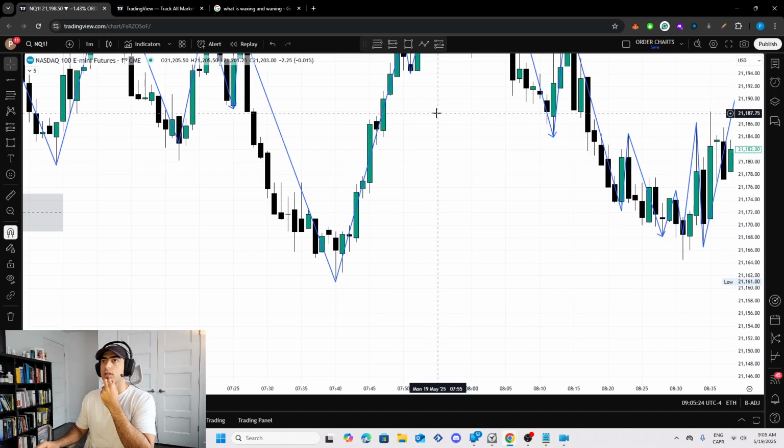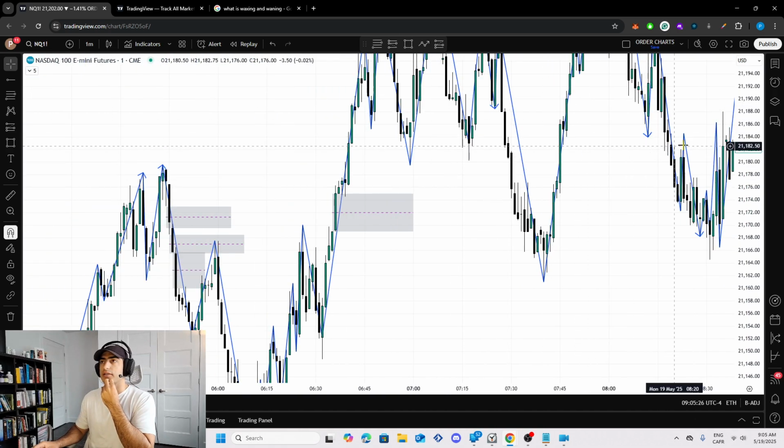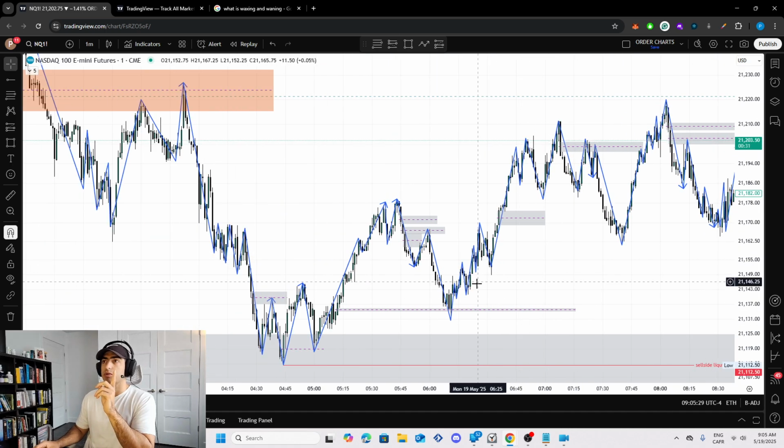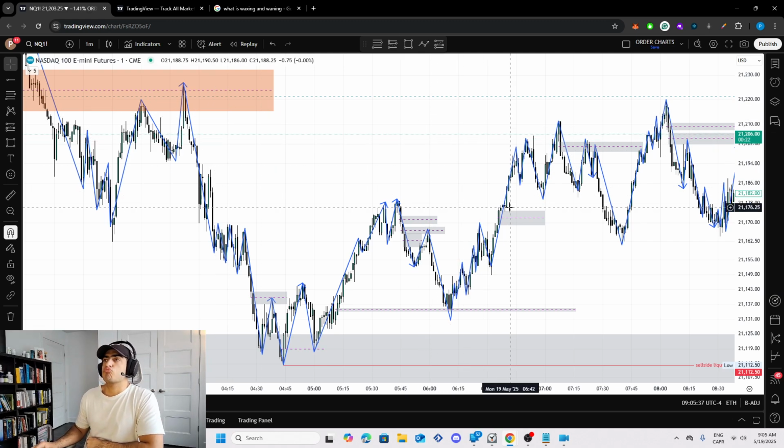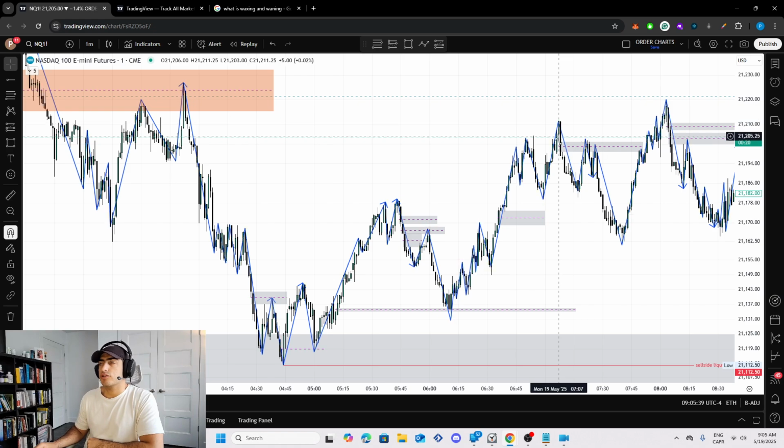Came back down, but we were still within this price leg, right? This full price leg. Because this is the low of the structure, low and high. But this is internal range liquidity, and these are external range liquidity.